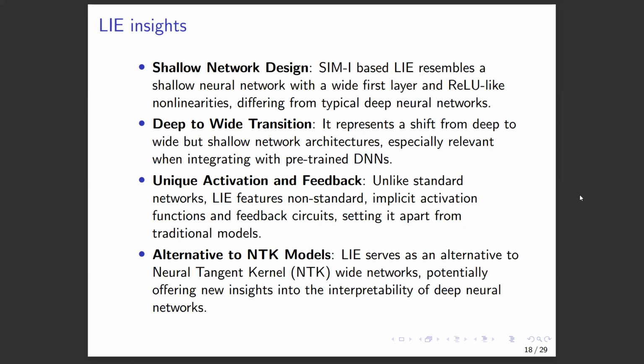And now let's dive into some insights the LIE offers. So first, unlike the deep, complex structure of traditional neural networks, LIE is more like a shallow neural network, having a wide first layer with ReLU-like nonlinearities. And this design marks a significant departure from conventional deep neural networks. Second, LIE represents a shift from a deep to a wide but shallow neural network architecture.